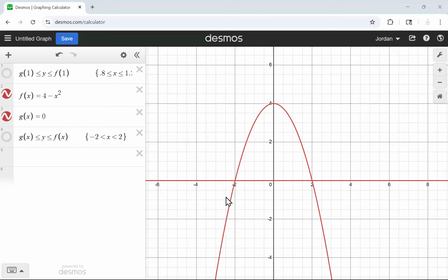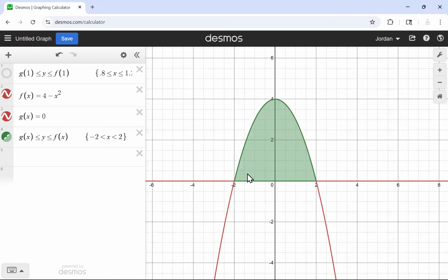The first thing I probably want to do is take a look at this drawing. So the x-axis is the line y equals 0, and 4 minus x squared is this parabola pointing down. So when we're talking about the planar lamina bounded by these things, we're talking about the closed bounded region that these two make.